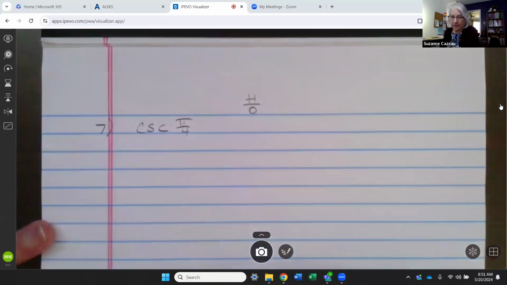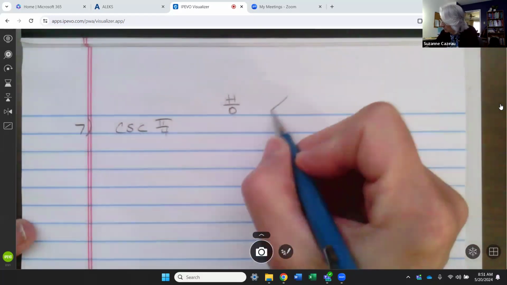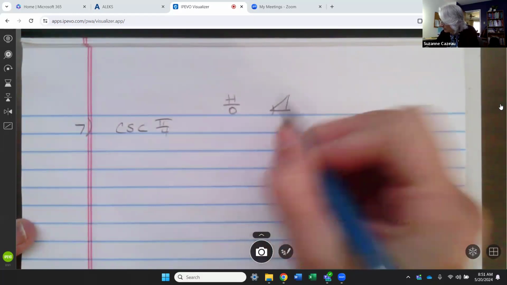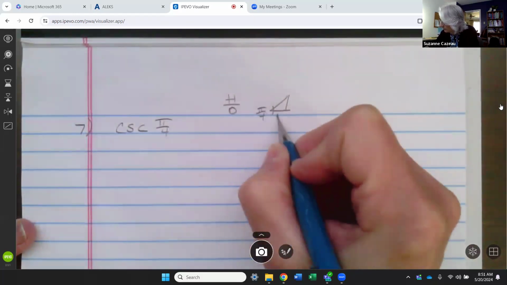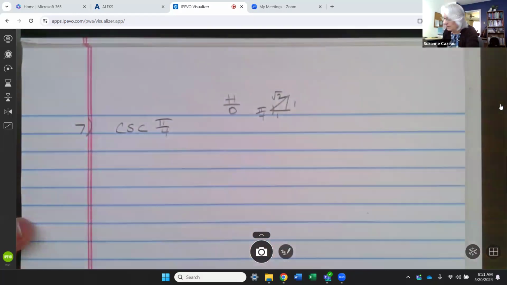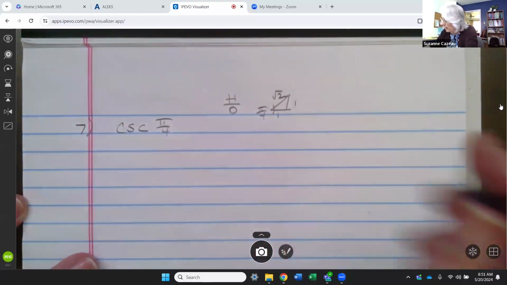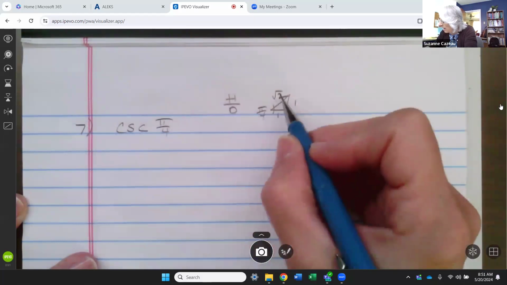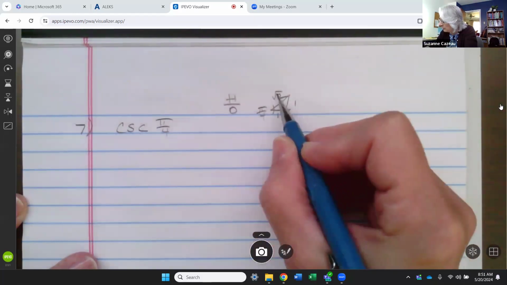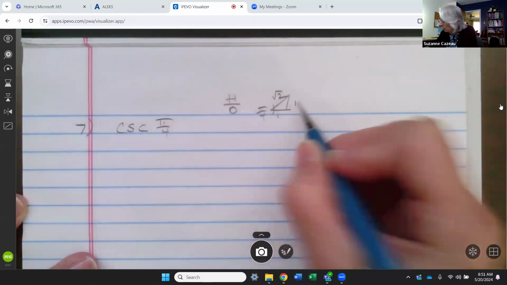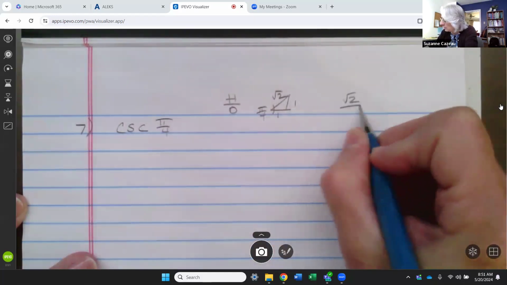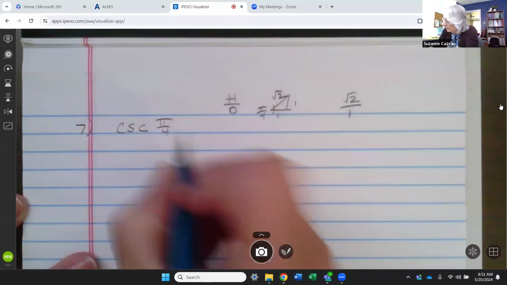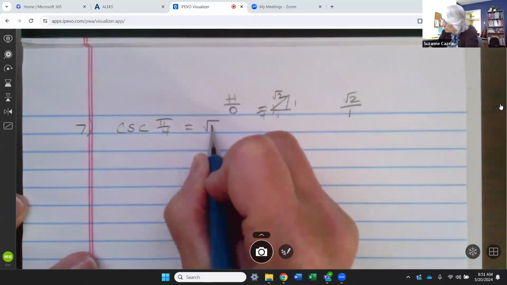And we want the pi over 4 triangle, which looks like this. You got to have these triangles down. And so the hypotenuse over the opposite is going to be root 2 over 1. And so this whole thing is just root 2.